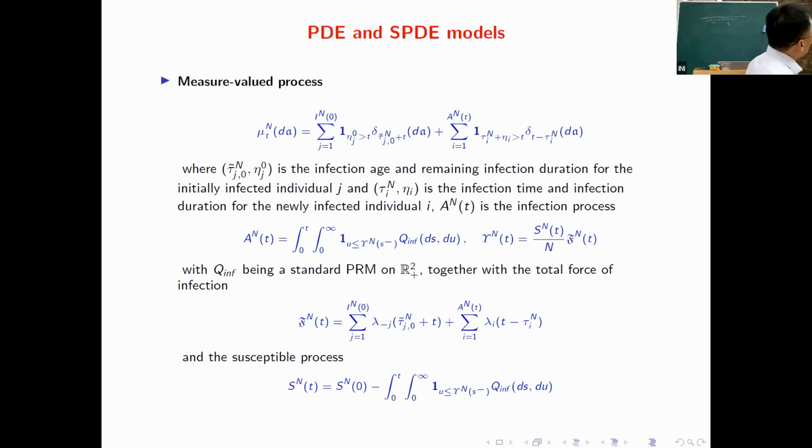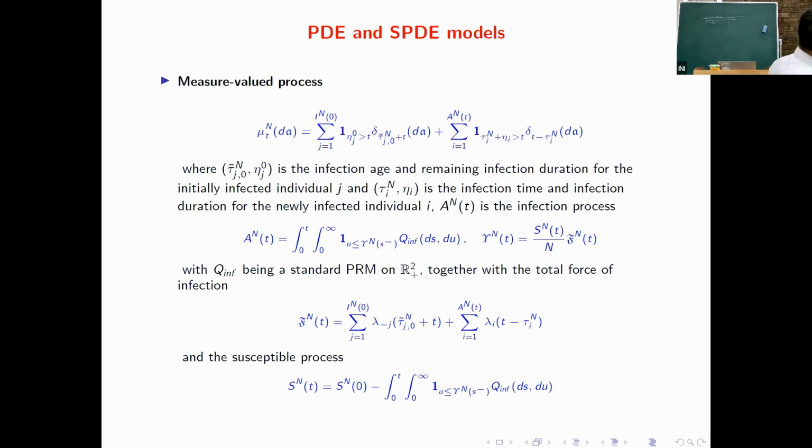The first term in the measure valued process looks at the distribution of the infection ages for the initially infected individuals at time t, and the second term looks at the newly infected individuals. And the infection process has intensity S times this F, the force of infection.